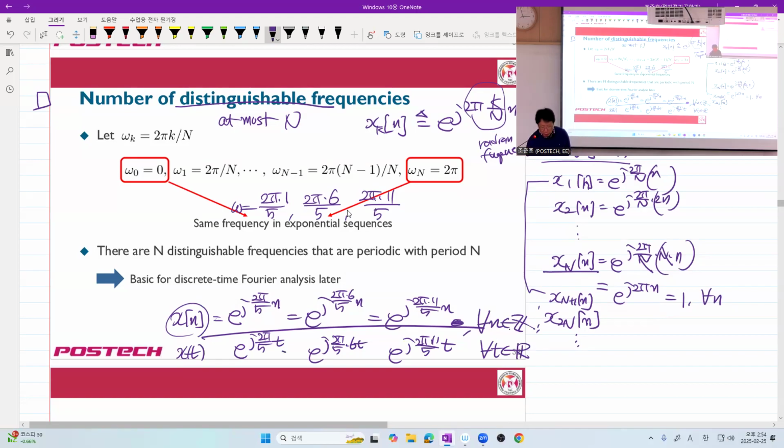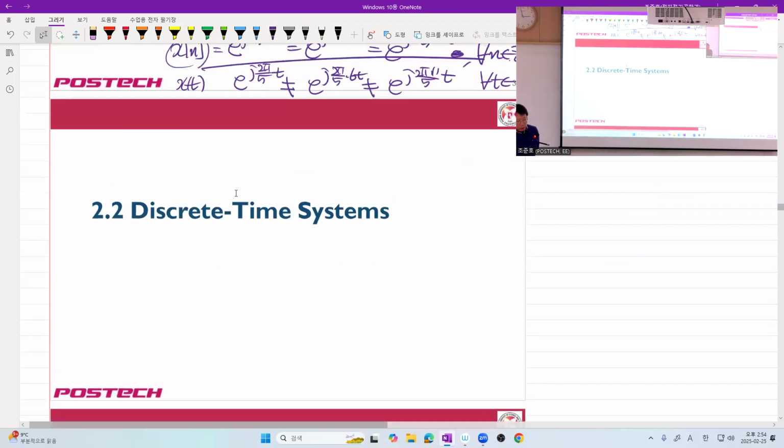They are not the same function. Just plot the real part. The frequency becomes larger and larger. And as I told you, this is review.